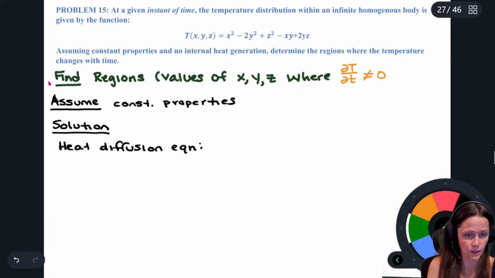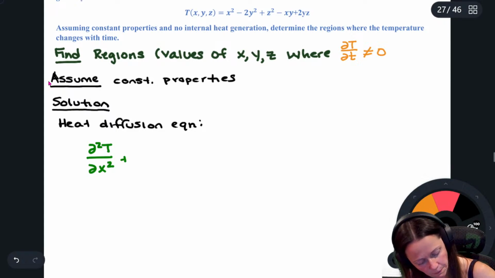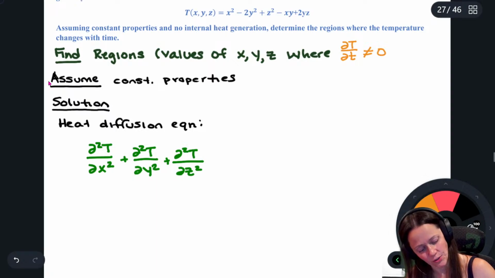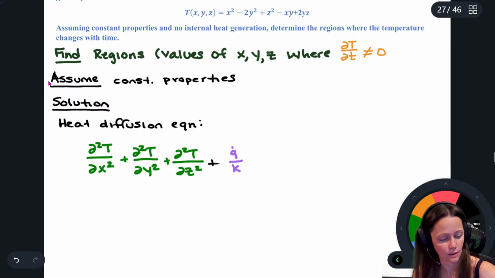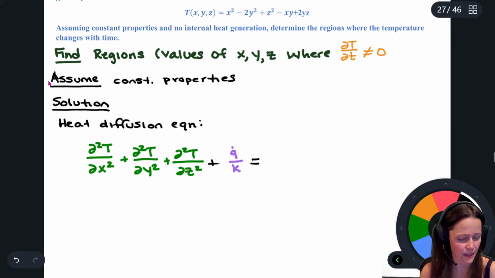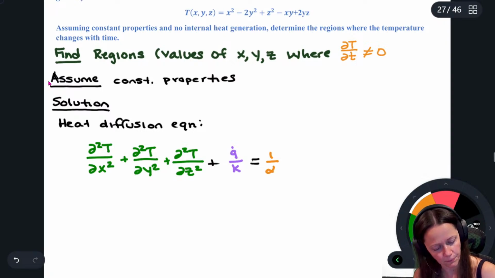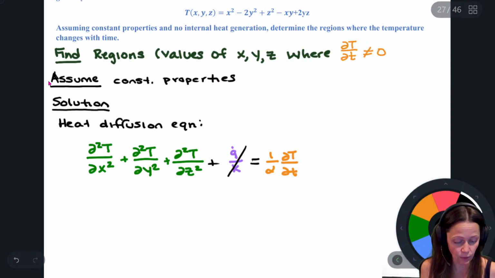We've got a term representing conduction in the x direction, in the y direction, and in the z direction. And this Q dot, they told me it would go away since there's no heat generation, but I'll put it in anyway and show that I'm crossing it out.